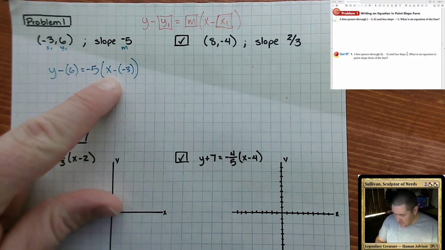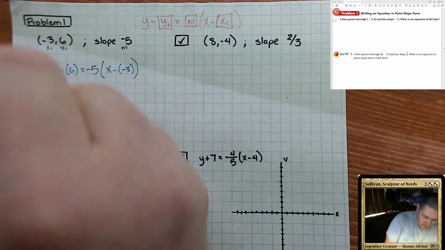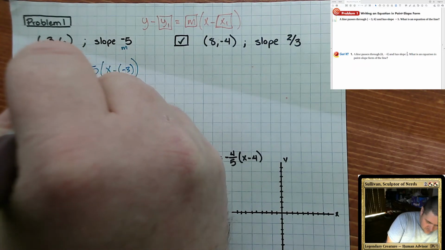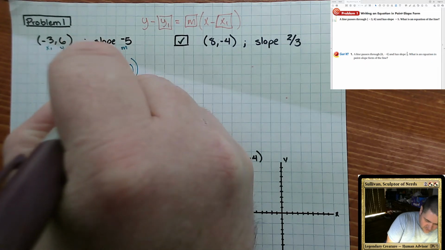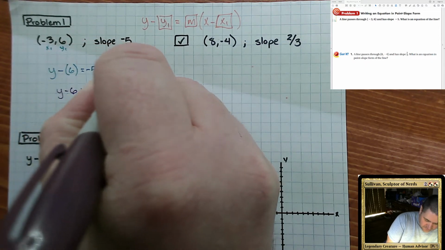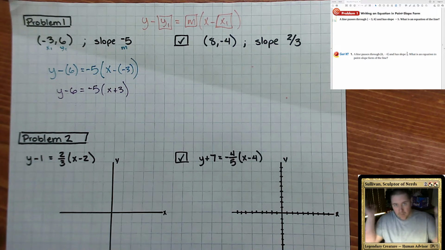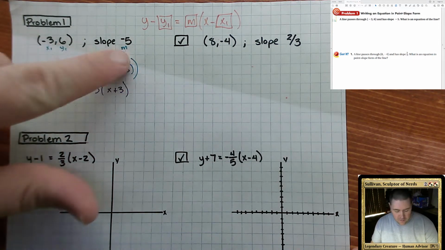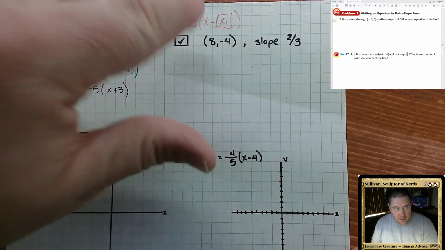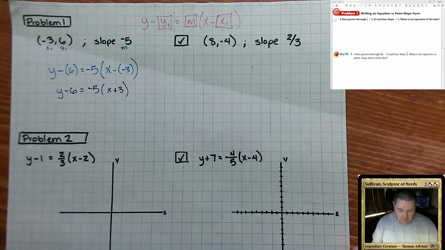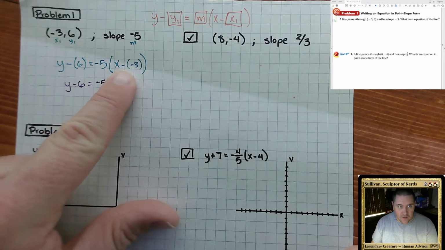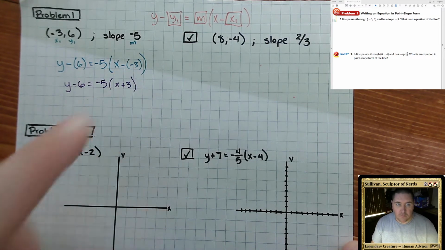So when I say minus a negative 3, my final answer is actually x plus 3. Done. That's it. That's all you have to do. Okay? Take these things and put them in those spots. If you have to simplify any signs, please do so.